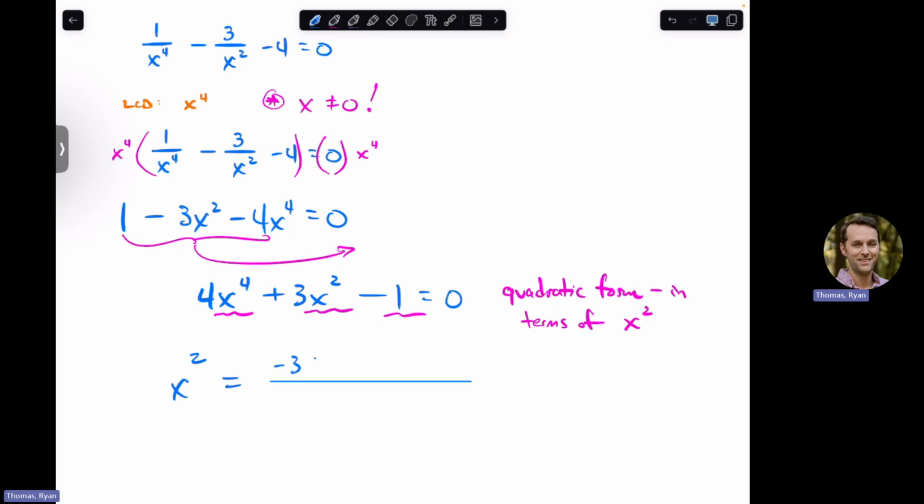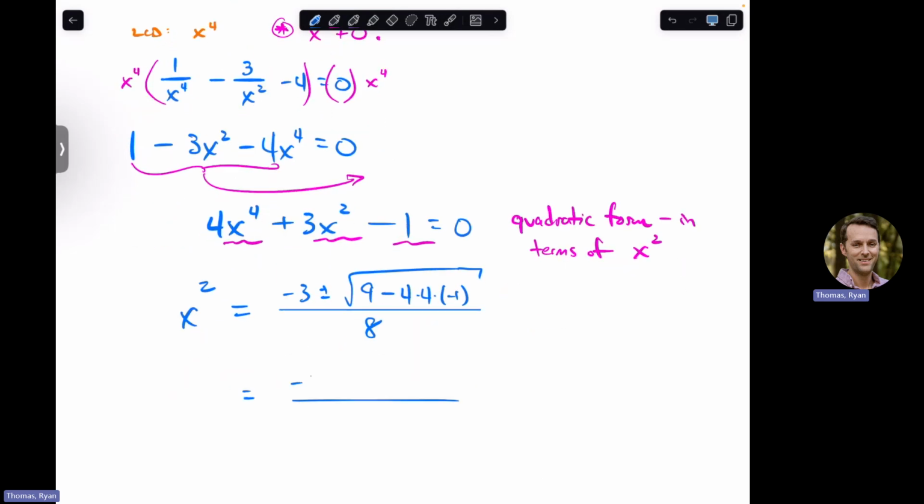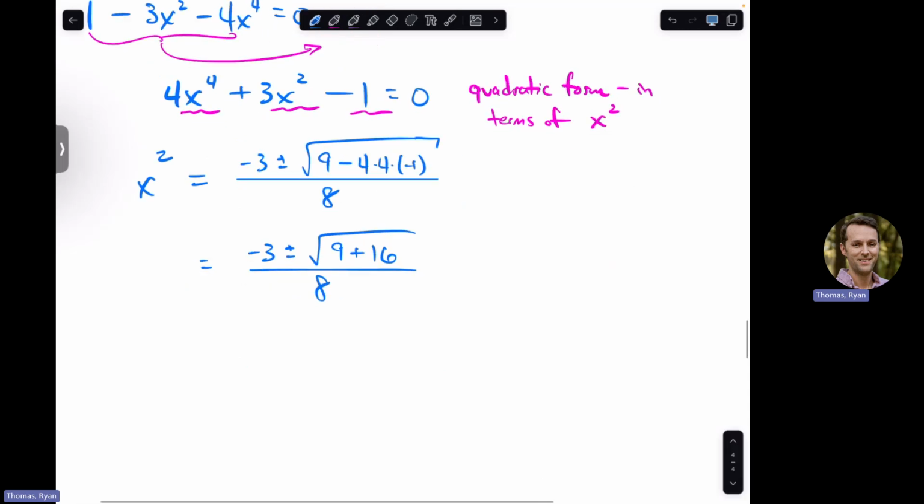So negative b, plus or minus the square root of b squared minus 4ac, over 2a. I'm going to start writing less for the quadratic formula, if that's okay. B squared is 9, so that's 9 plus 16, which is 25, and the square root of 25 is 5.